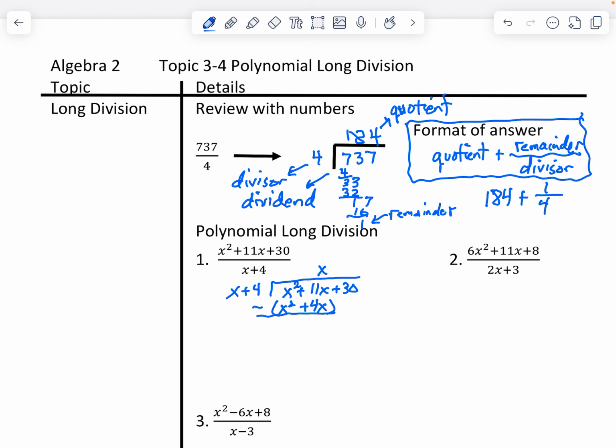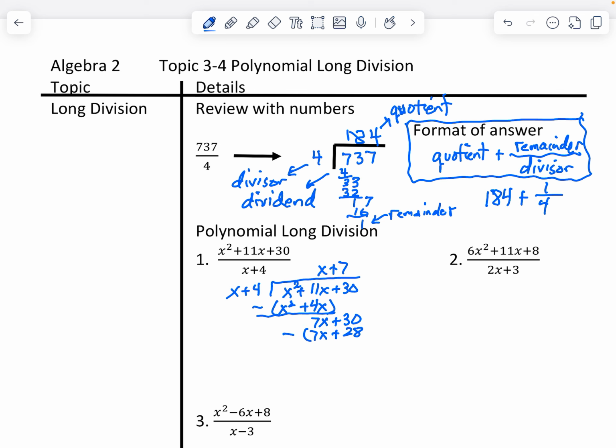X squared minus x squared is 0. 11x minus 4x is going to be 7x. Bring down the next term, plus 30. X times what gives you 7x, so that's a plus 7. 7 times x is 7x. 7 times 4 is 28.